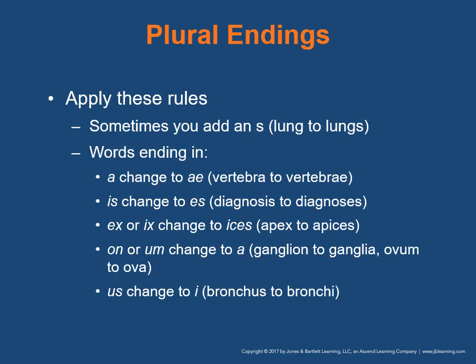Plural endings. To change a term from singular to plural form, certain rules apply. Sometimes you can simply add an S. Lung becomes lungs, but some rules are more complicated. Rules you may encounter when converting from singular to plural terms are singular words that end in A change to AE when plural.